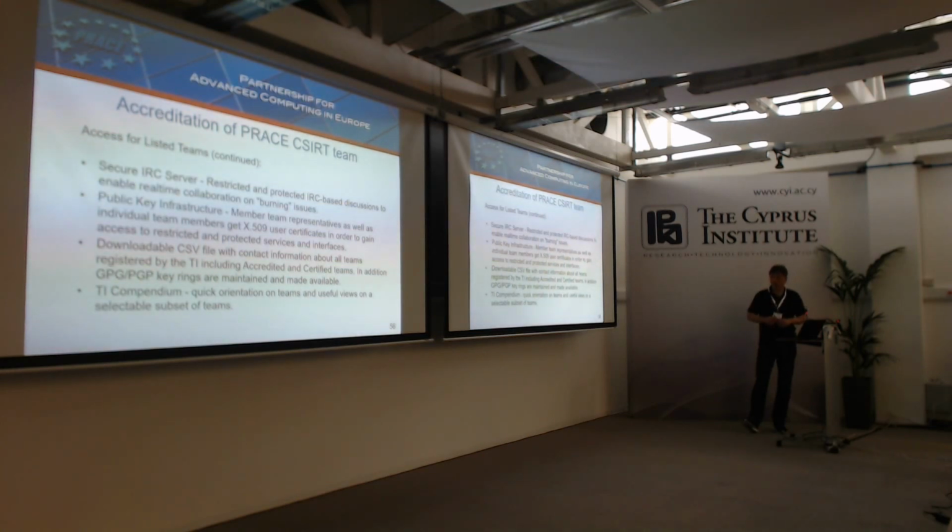You can download CSV files with contact information about all teams registered by the TI, including accredited and certified teams. In addition to GPG, PGP key links are made available, and there is a TI compendium, a quick orientation of teams and such useful reviews illustrating the subject of teams. So that's about the accreditation.